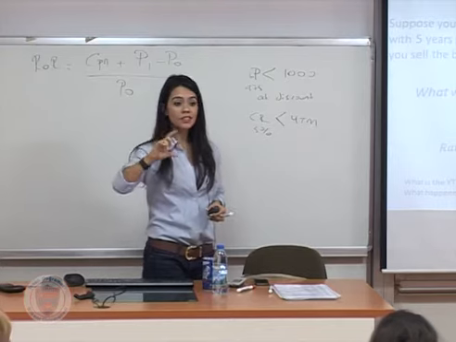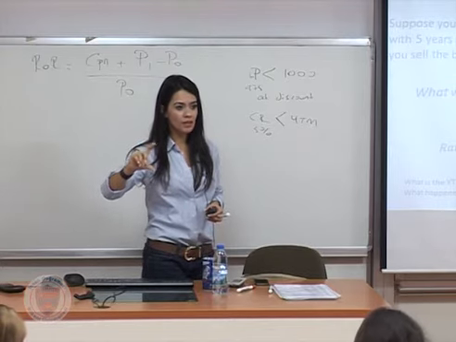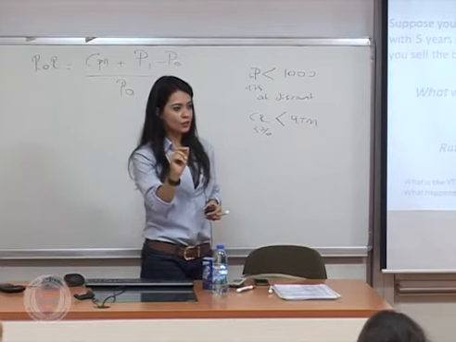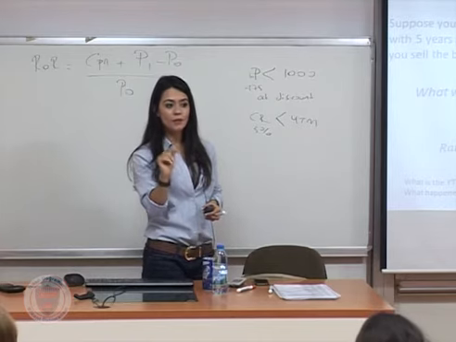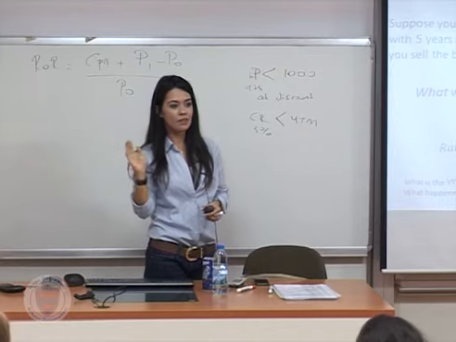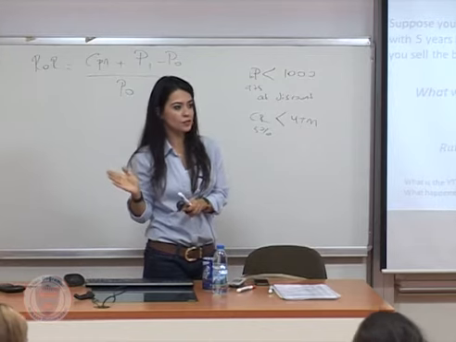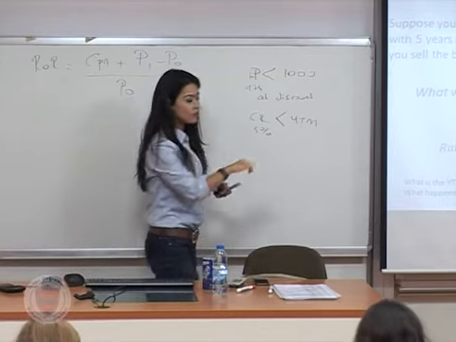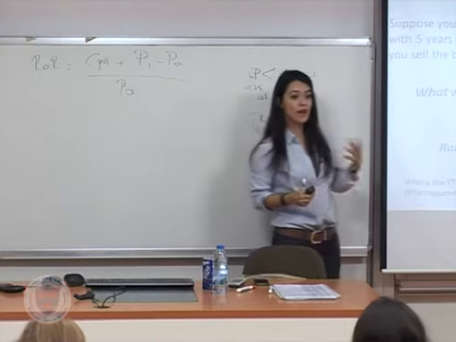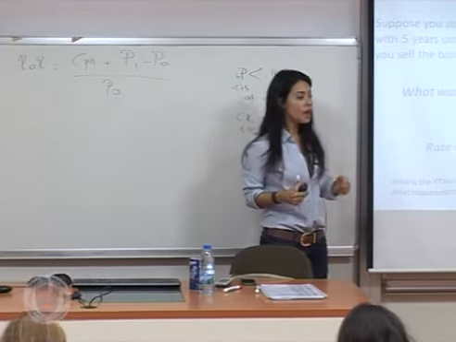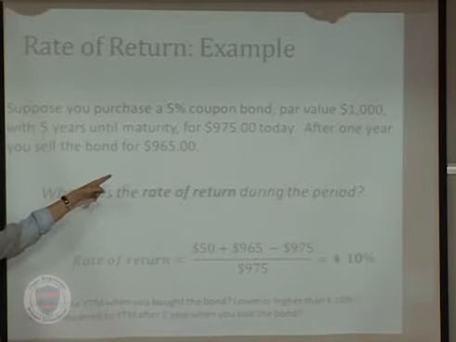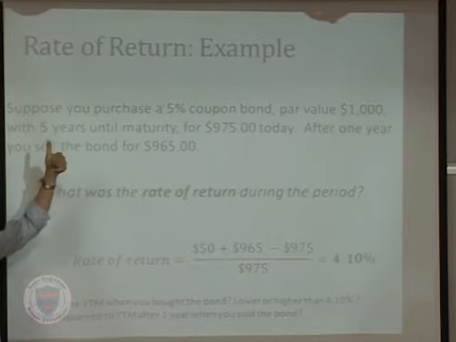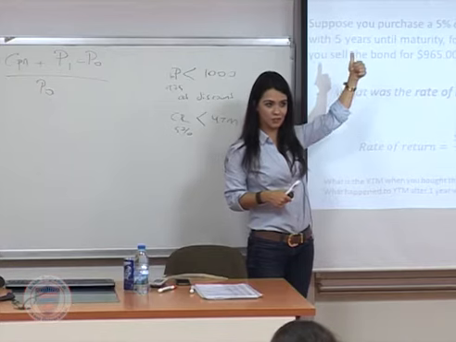If there's a change in interest rates in the economy, then your return on the bond when you sell it may be different than your yield to maturity. In this example, yield to maturity was higher than 5 when you bought the bond. After 1 year, the price of the bond decreased to 965, which means yield to maturity increased.